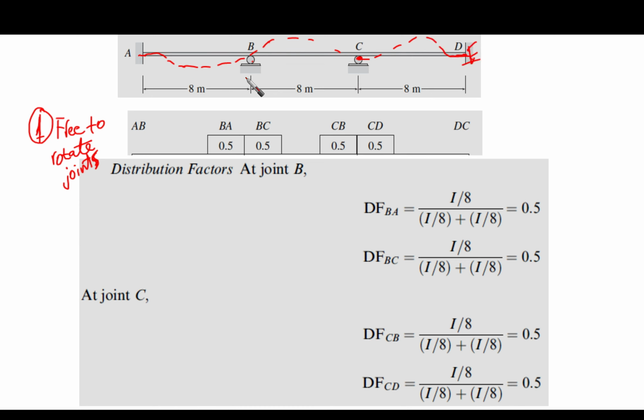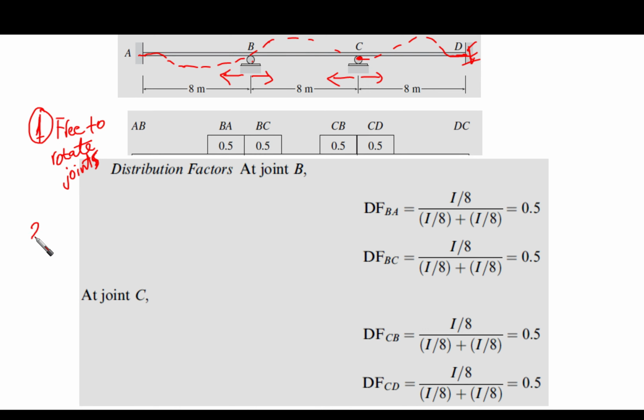So we have two joints that are free to rotate. This means that we are going to define the distribution factor on the right and on the left of each of the free joints in order to know how much moment is going to be distributed at the right and left, as we are going to explain. So this is the first step.